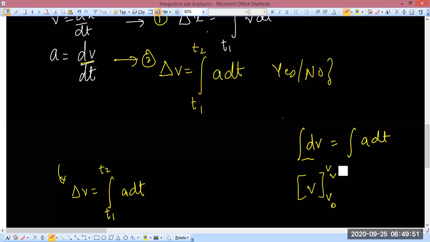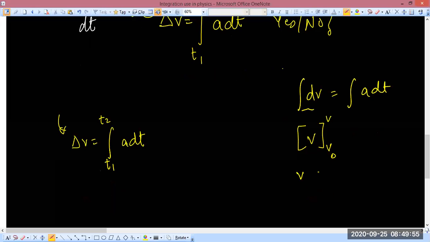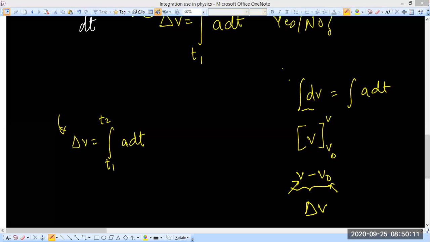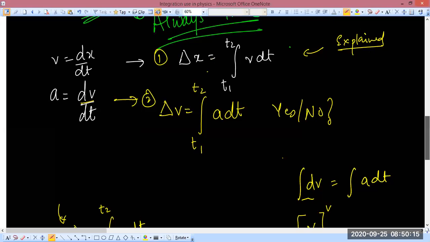So you will get final velocity minus initial velocity. What should this be called? Final velocity minus initial velocity is nothing but delta v, correct? That is how it comes into play here. So these are two important relations.